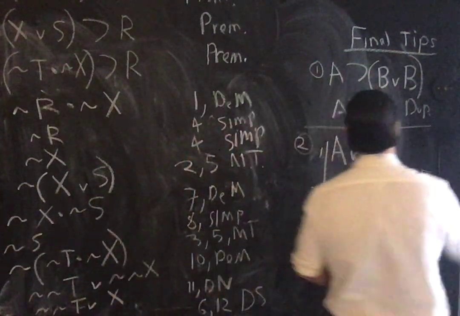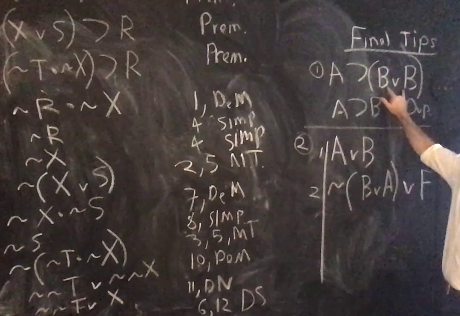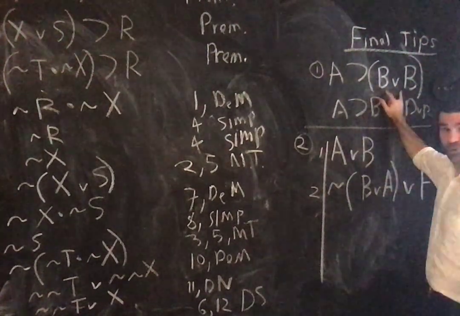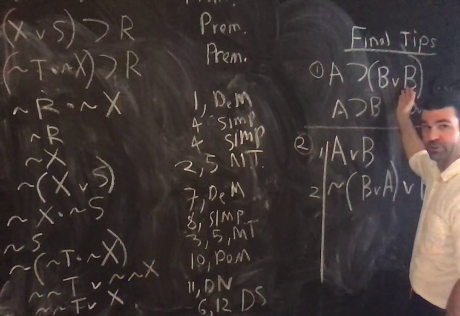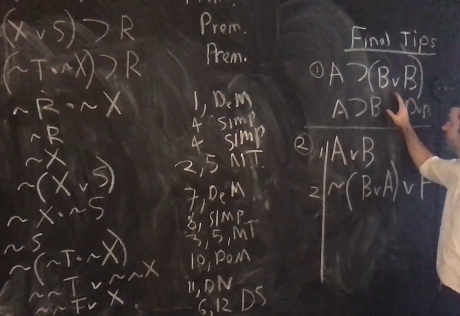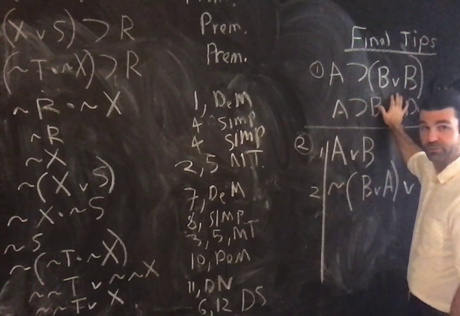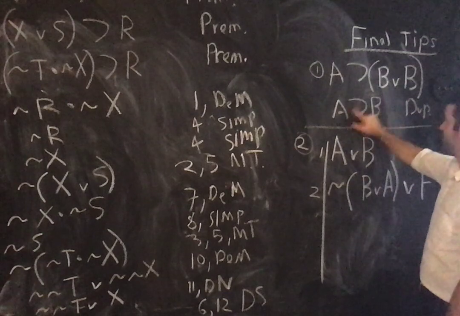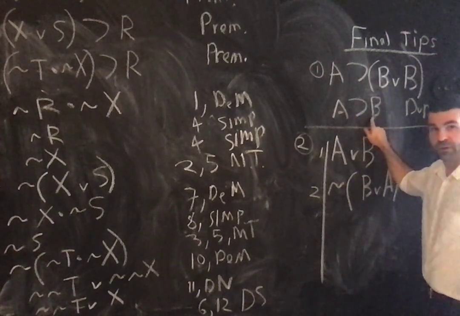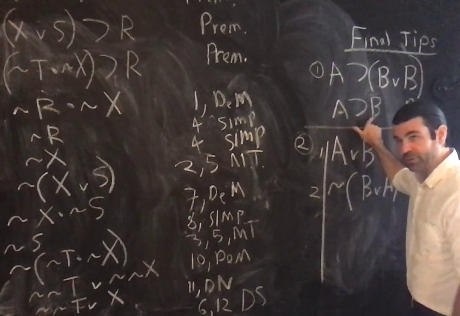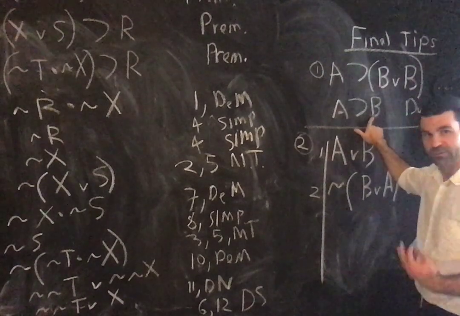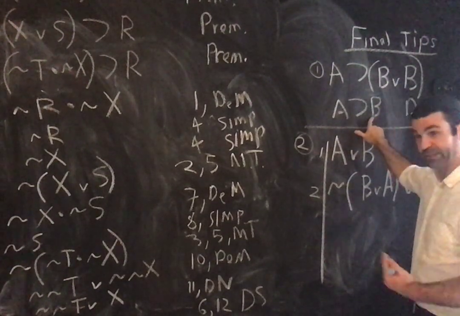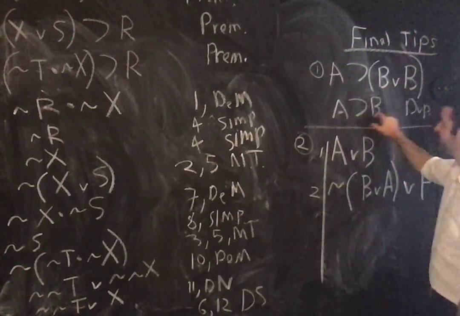So don't be afraid to do something like this. If you've got a B or B here as a subformula, say for example it's a consequent of a conditional or whatever, or as a second disjunct, you can apply DUP and reduce this to A hook B. That's legal. Am I confident that I'm not taking leave of being truth preserving? You can be.